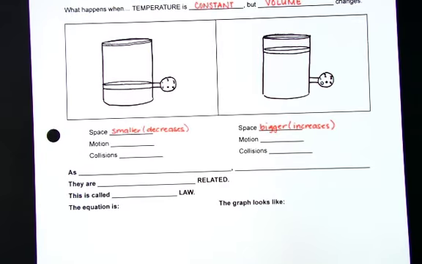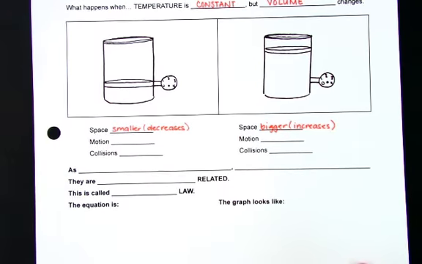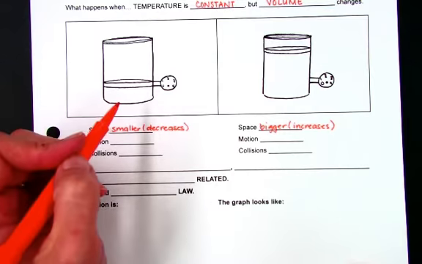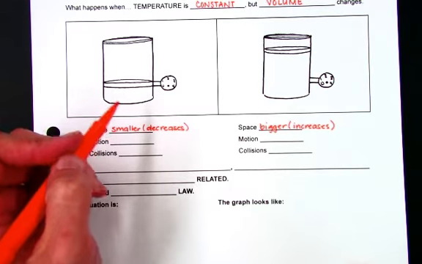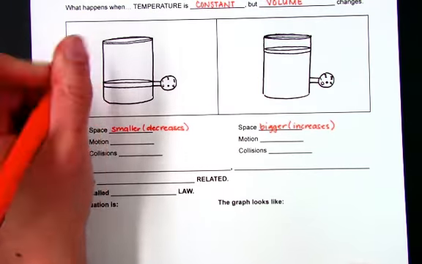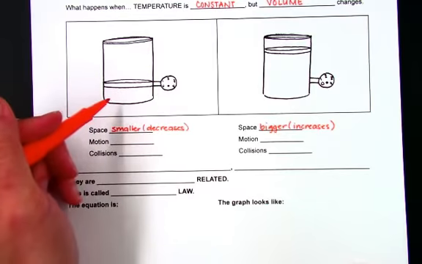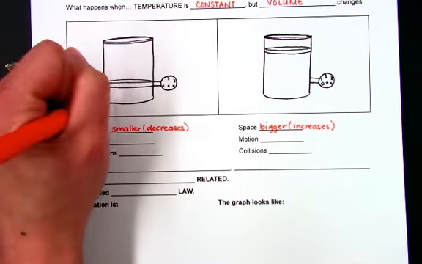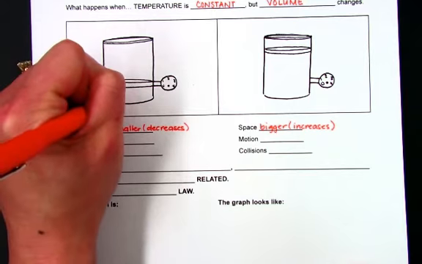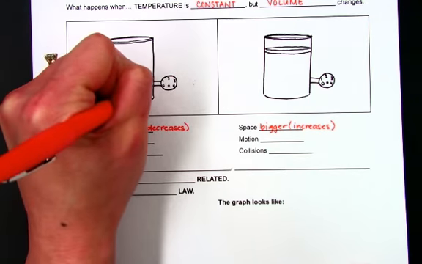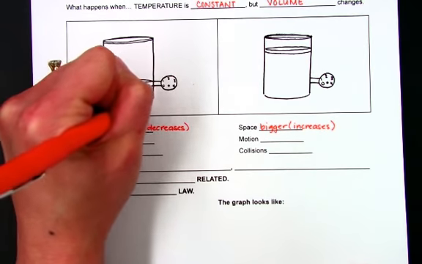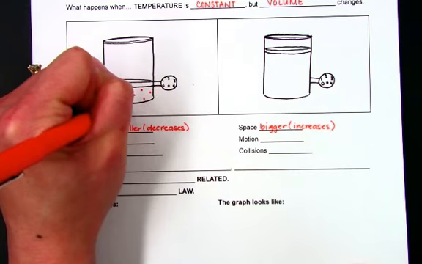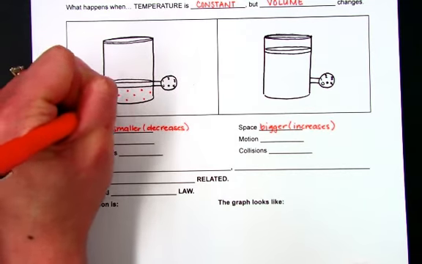So how many particles do I draw in? We draw 9, right? So I'm going to draw 9. 1, 2, 3, 4, 5, 6, 7, 8, 9.